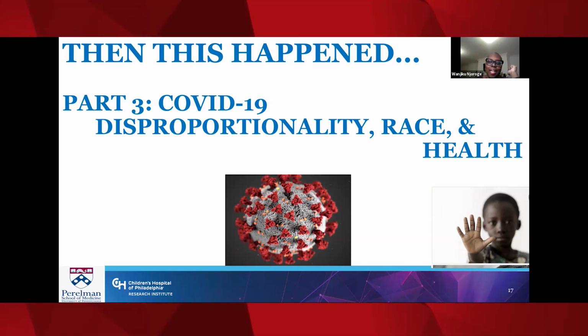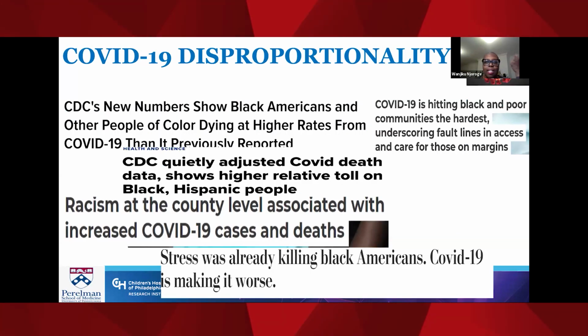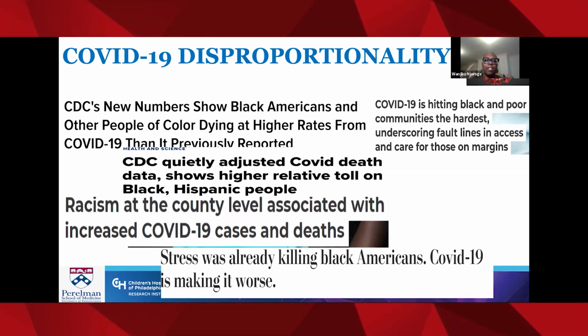And I started reading the papers, every paper I could get my hands on. I was on the internet all the time. And I started collecting headlines. And it was a drumbeat that got louder and louder throughout the pandemic, where we really began to understand the disproportionality. Up until this point, we had had a tagline, right? That we're all in this together, we should protect one another, this is impacting us all.